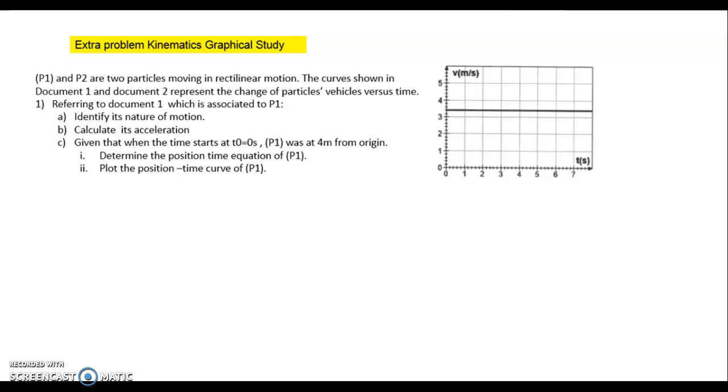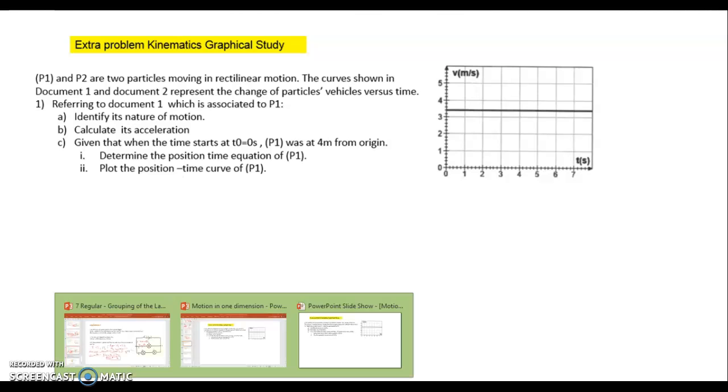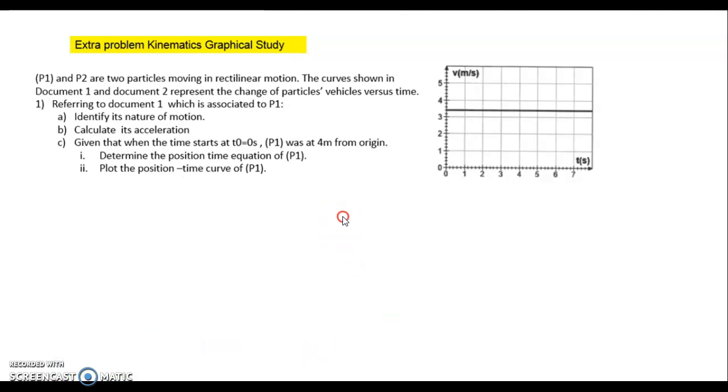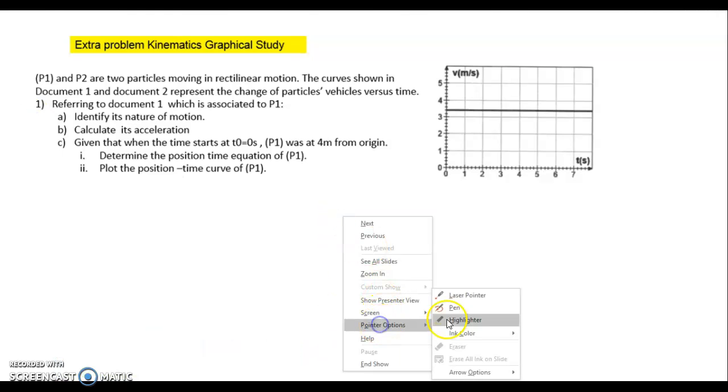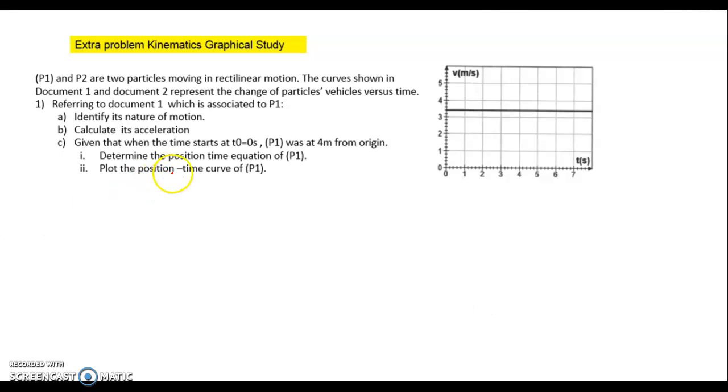Part C, given that when the time starts at t equals 0, P1 was at 4 meters from the origin, so you are given the initial position. Determine the position-time equation of P1. Because it is uniform rectilinear motion, the general position-time equation is x equals Vt plus initial position.